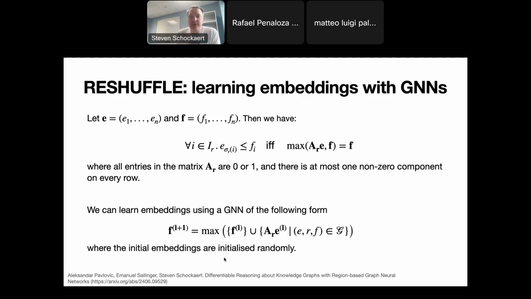Actually, an important point that maybe I should emphasize is that in practice, of course, we don't have the rules. When we talk about expressivity, what we show is that we can capture a given set of rules. In practice, we just have the knowledge graph. The reason why we are interested in modeling the rules is because we want to be sure that the embedding model is expressive enough that it is capable of capturing sets of rules.